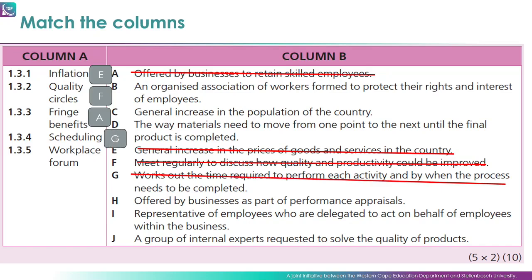That's G, works out the time required to perform each activity and by when the process needs to be completed. And then lastly, workplace forum, that is I, representative of employees who are delegated to act on behalf of employees within the business.